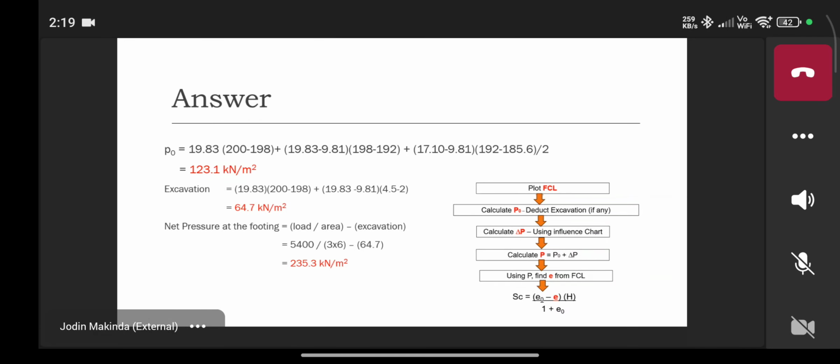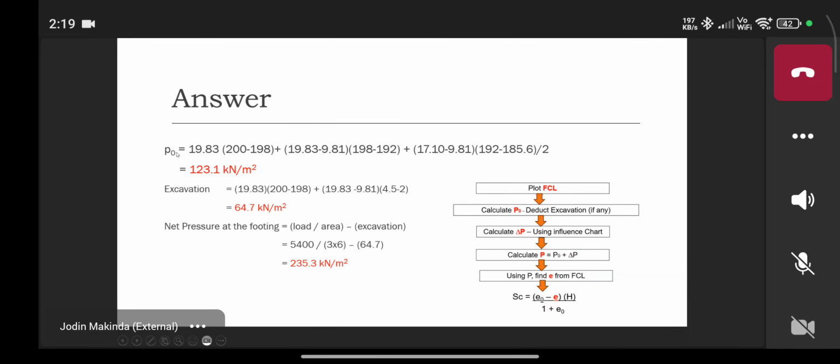Follow the step-by-step guideline. Plot the FCL, not needed. Calculate effective overburden pressure P naught.